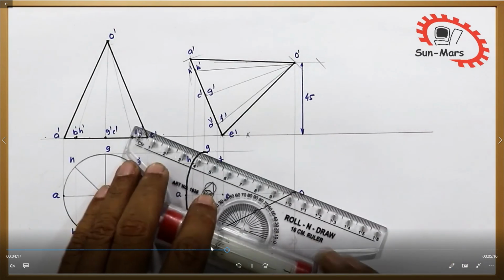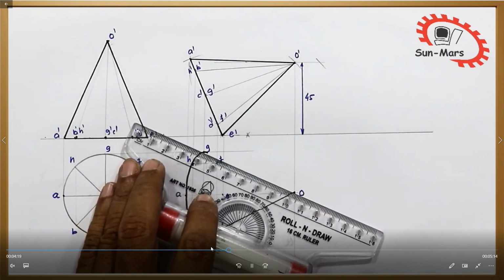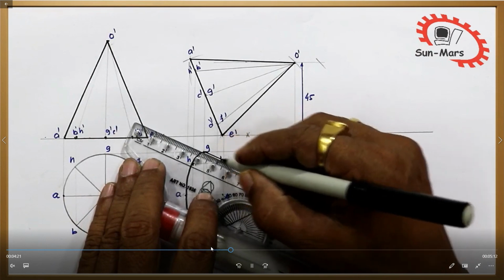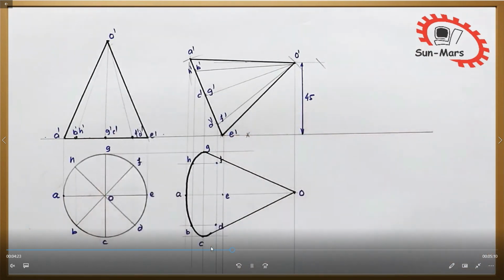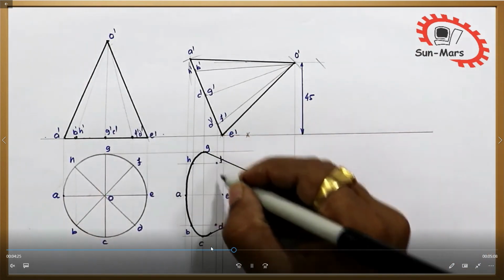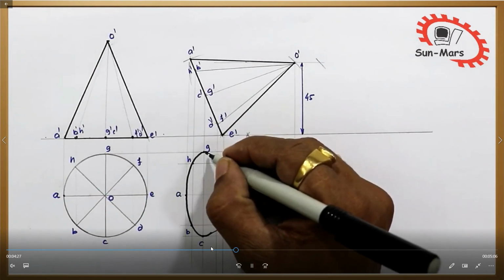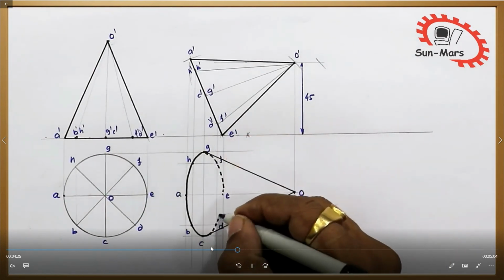Okay. Now that is the hidden side, that's why we need to draw the dotted lines.